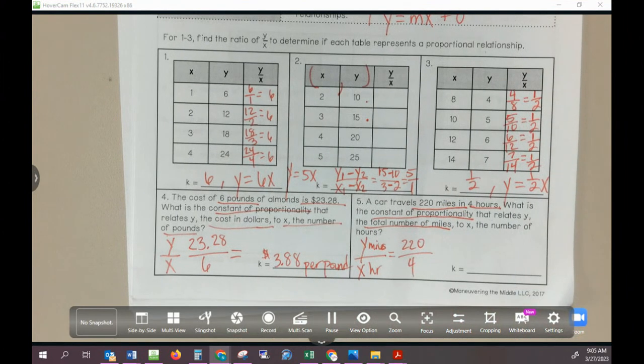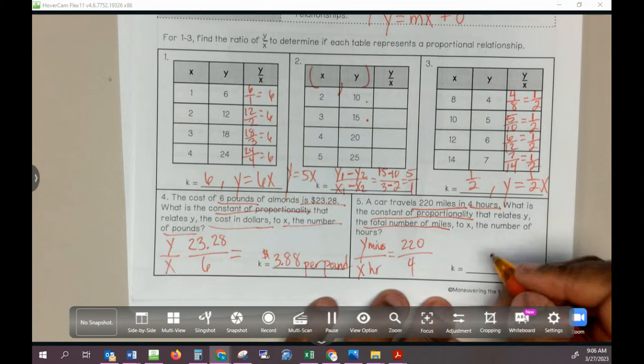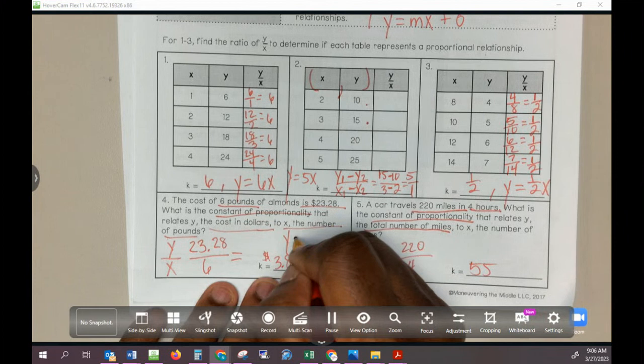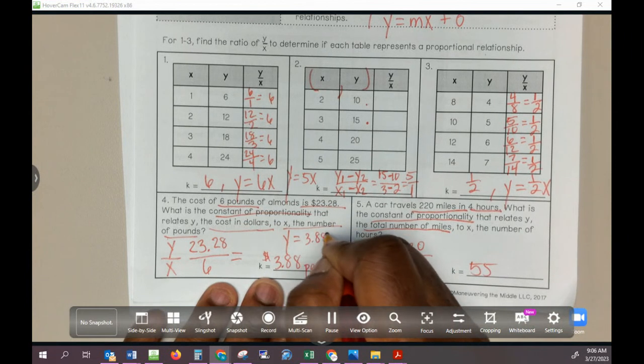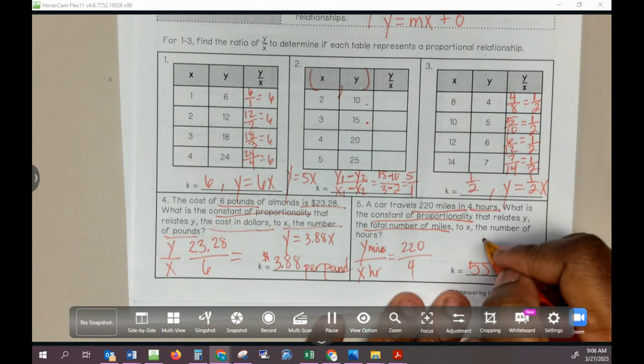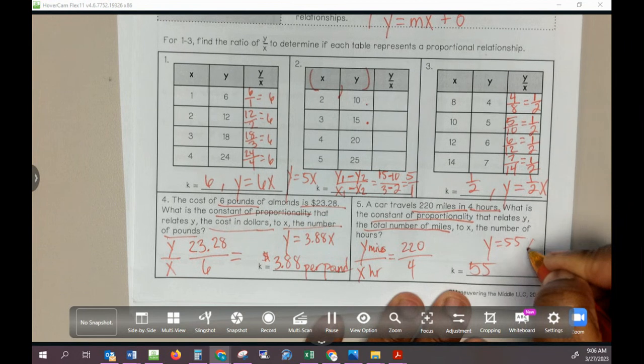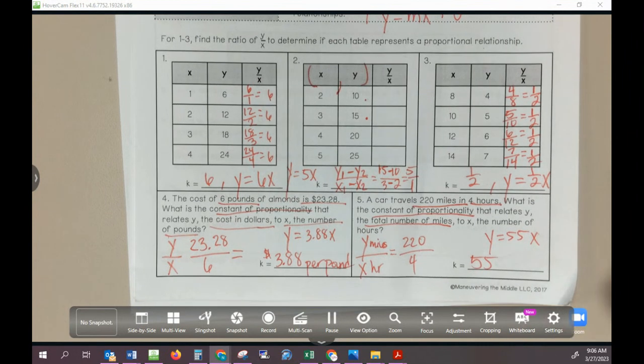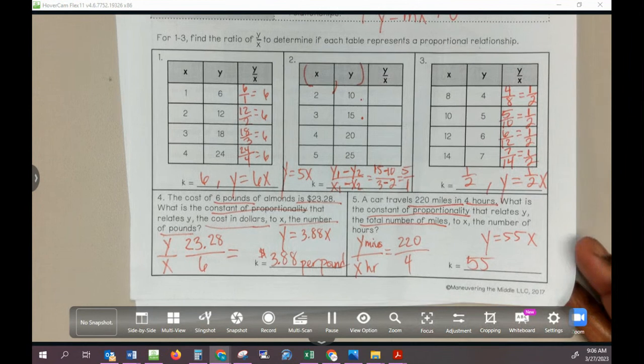So what is my rate? Right. So my rate is 55. And I forgot to write this as an equation. y equals 3.88x. And this one is y equals 55x. Constant of proportionality is probably one of the easiest concepts to learn in dealing with proportional graphs.